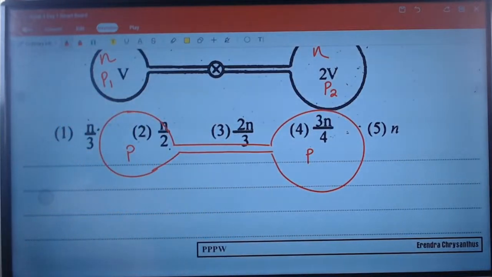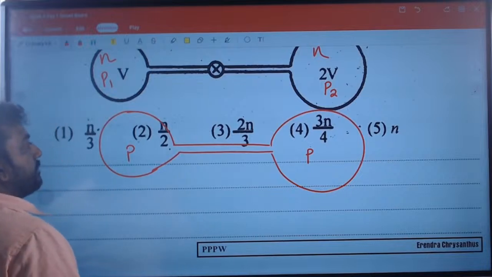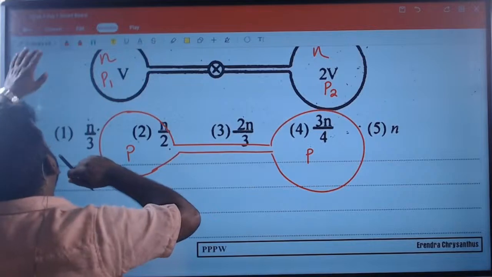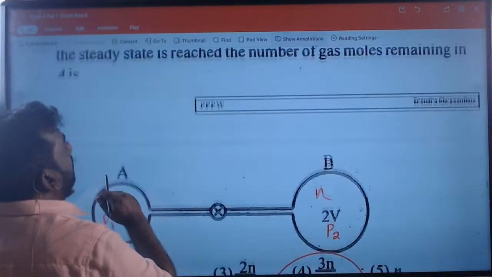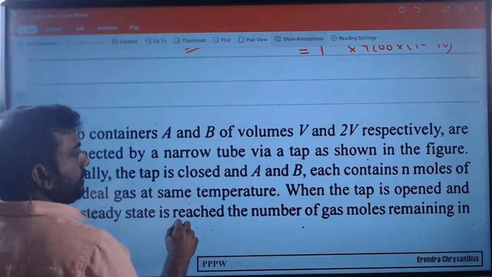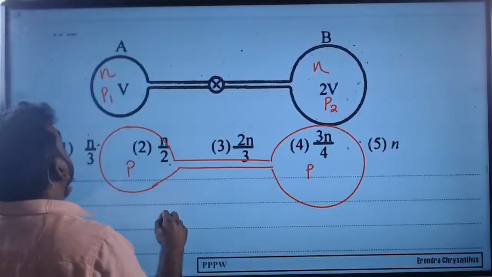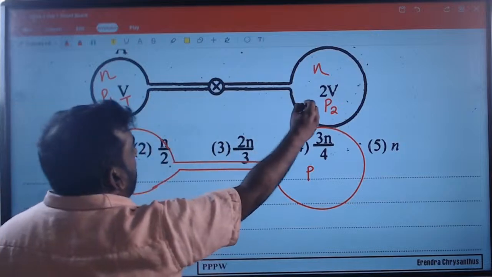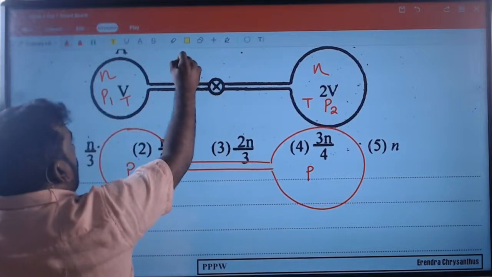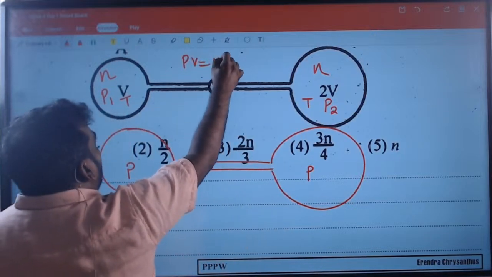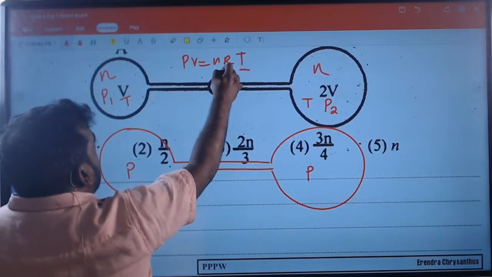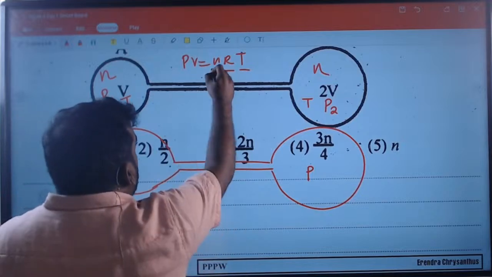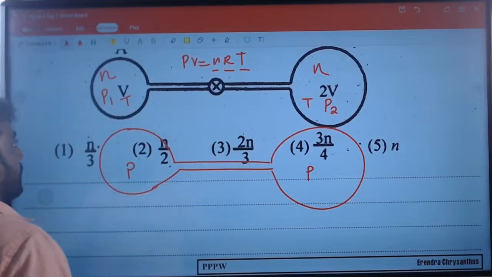But what can you say about the total number of moles? Same temperature is maintained. Now look at the equation PV equals nRT. T same, R same, n same, volume different.